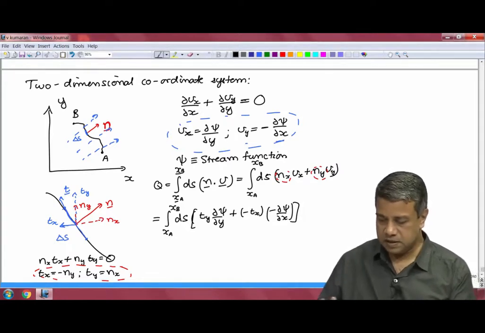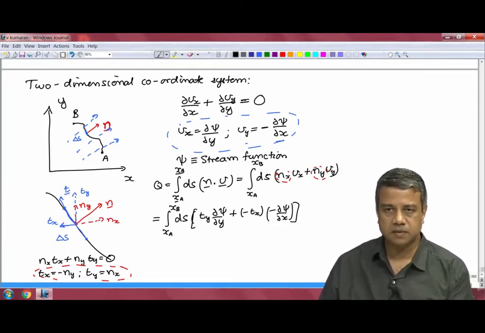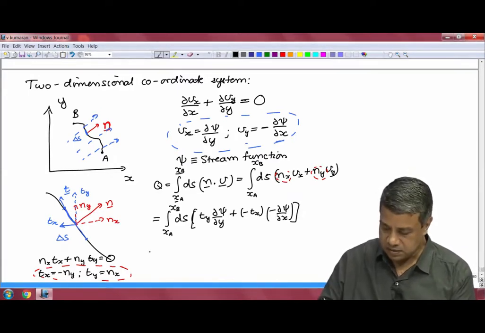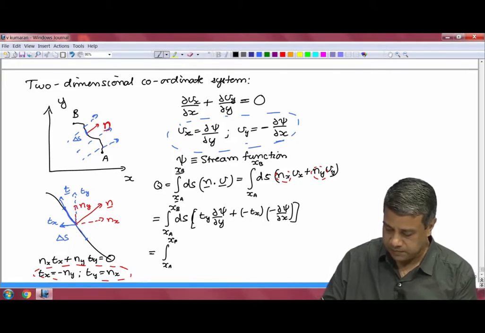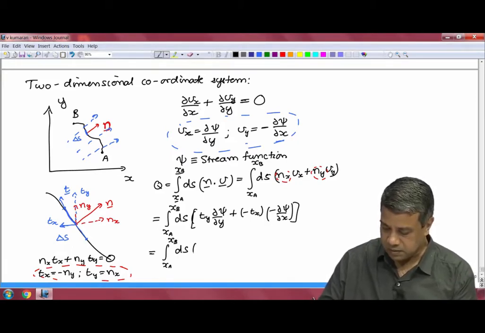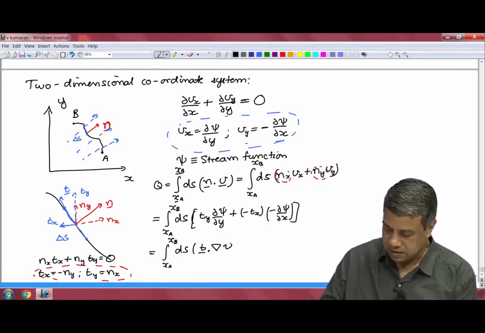And you can easily see this becomes ty partial psi by partial y plus tx partial psi by partial x, which is the same as the integral x a to x b ds into t vector dotted with grad psi.